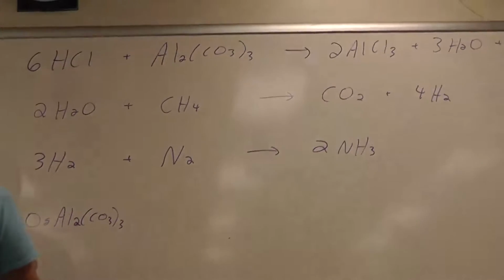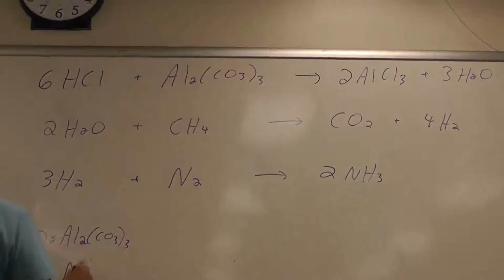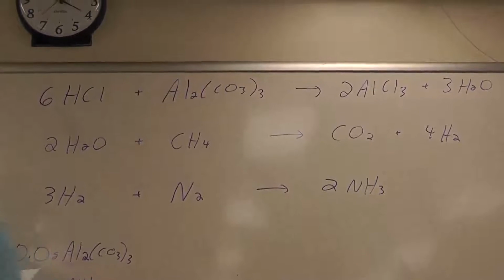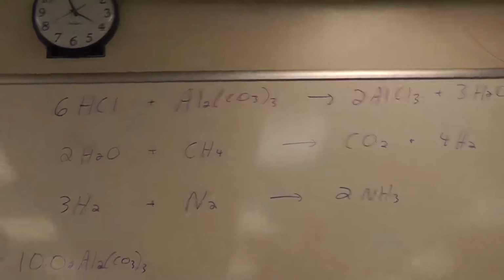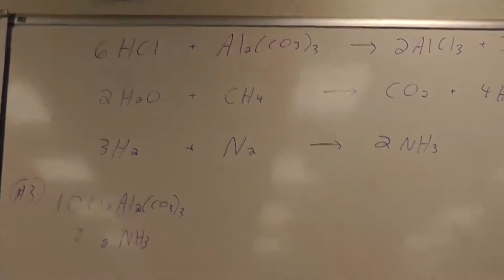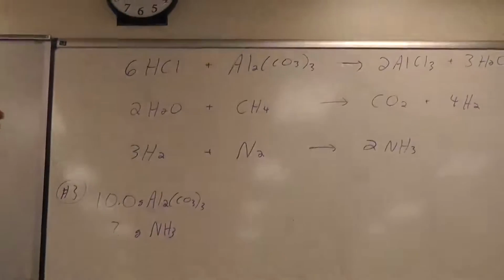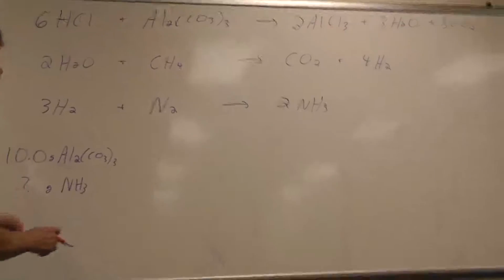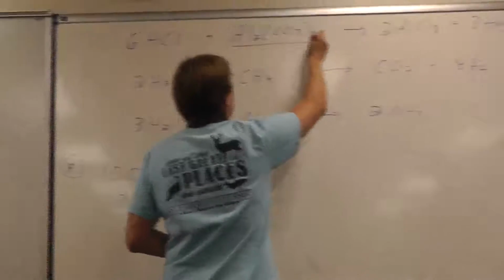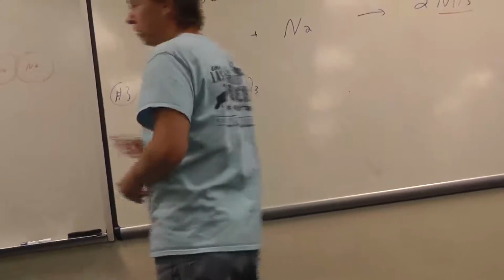then how many grams of ammonia could be produced, assuming excess of all your other reactants. So the two materials we're trying to relate are aluminum carbonate and ammonia, and they're not even in the same equation.